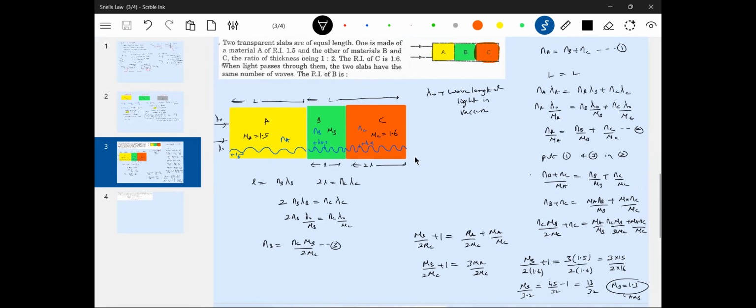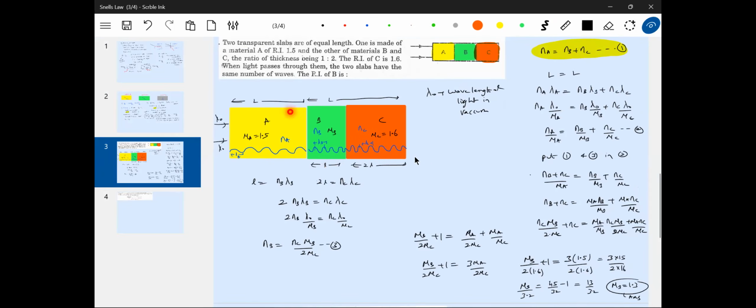Now do make an observation. What is this primary? This is the given thing, the primary thing which was given for us. Number of waves in slab A should be equal to the sum of number of waves in slab B plus slab C. Then the length of slab C is twice that of slab B, so L and 2L.